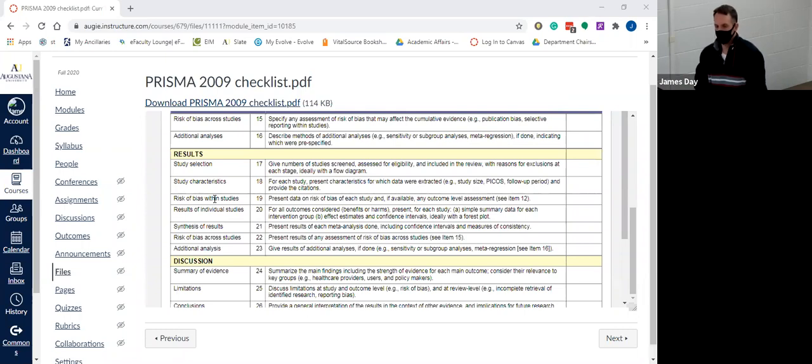The last part within that is going to be this risk of bias across studies.